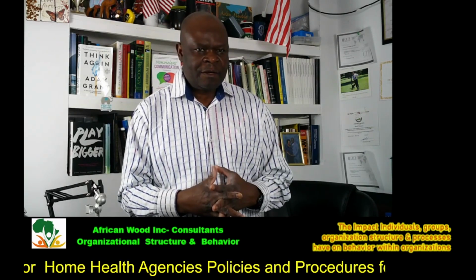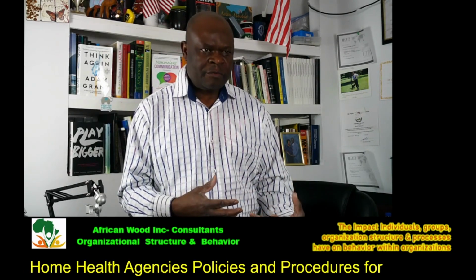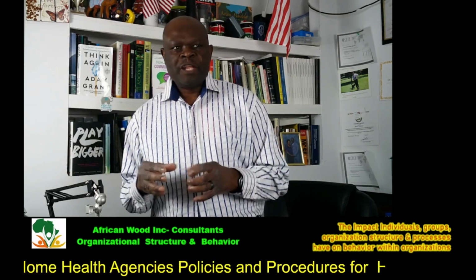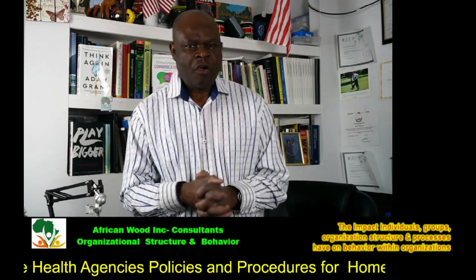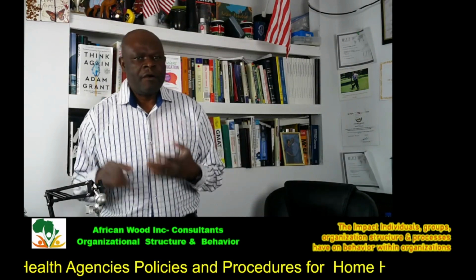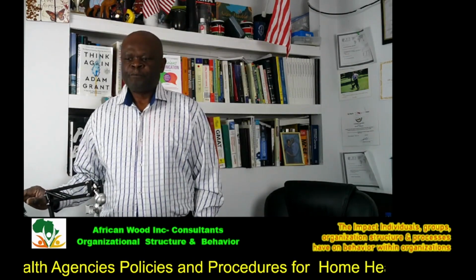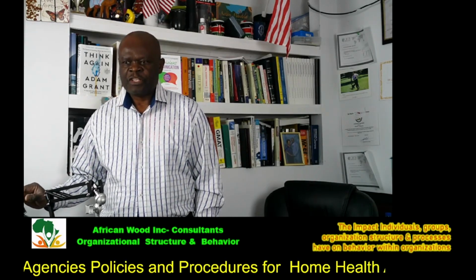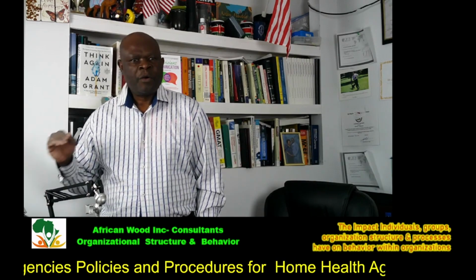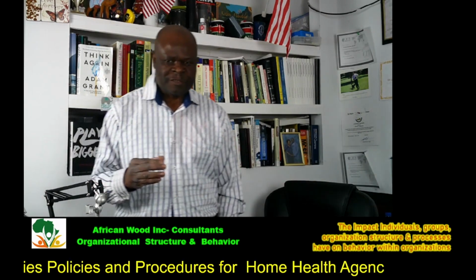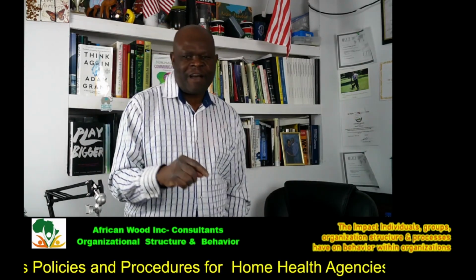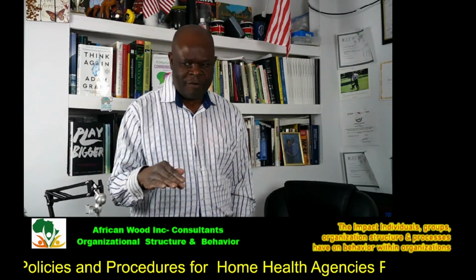This is the second video. The first one was an introduction, but today we're going to deal with the definition of the organization as defined in the policies and procedures. So first of all, when you start writing policies and procedures of an organization, you have to define the organization for everybody.